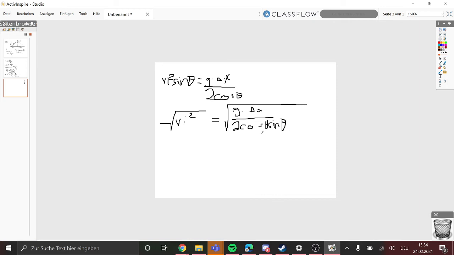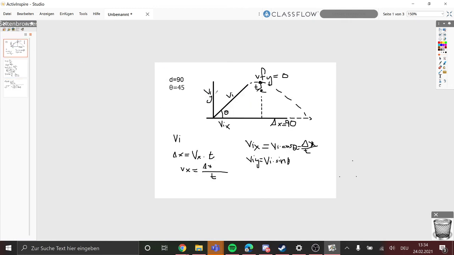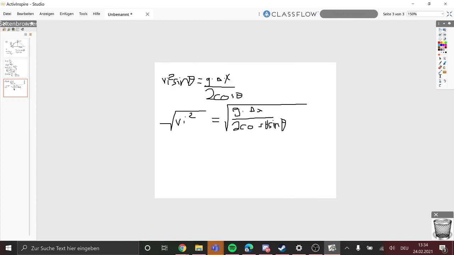So this is the final equation which we get, with which we can finally plug in our given values to answer the question for Vi. In this case, to simplify the question, we can just use gravity equal to 10.